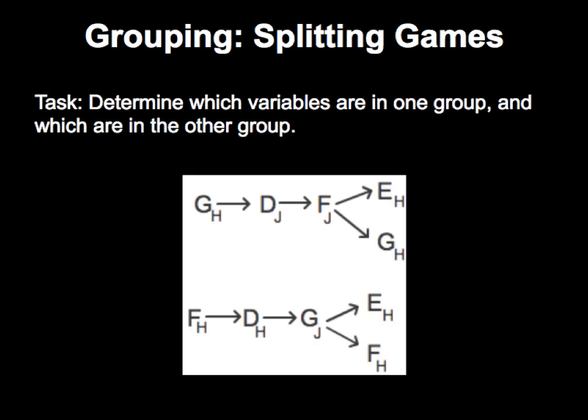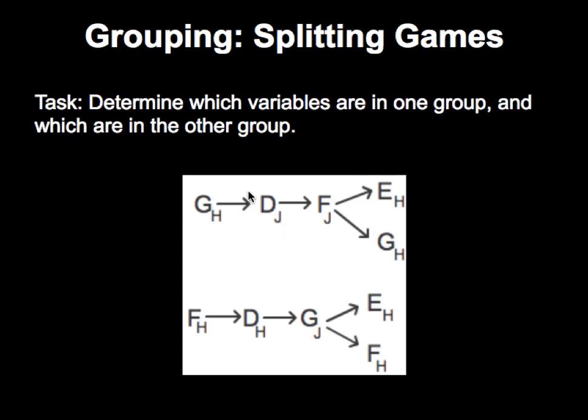And here I have an example for you of what a grouping splitting game diagram might look like. Notice here that I'm using subscripts. We have if G sub H requires D sub J, then what would the contrapositive of that be? Well, if there are only two groups, let's say they're H and J, and D were not in J, what would that be?